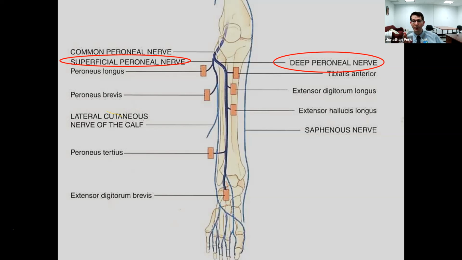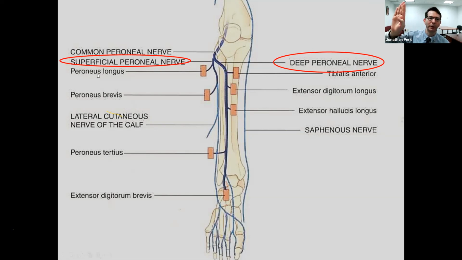So the common peroneal, the reason it's called common is because it actually has two components that split. And they split right here below the fibular head. One goes laterally, and that's the superficial peroneal nerve over here. And it's responsible for the outer rotation of the ankle, the peronei muscles.